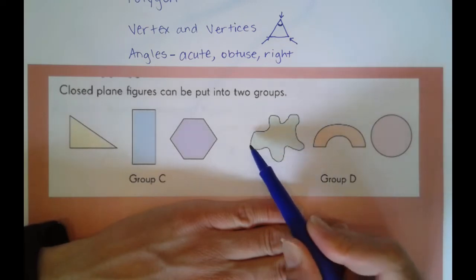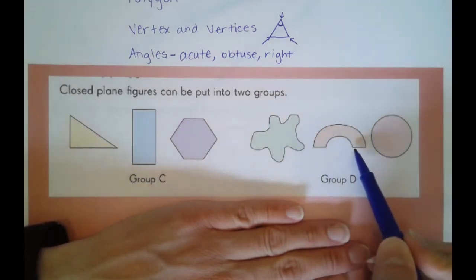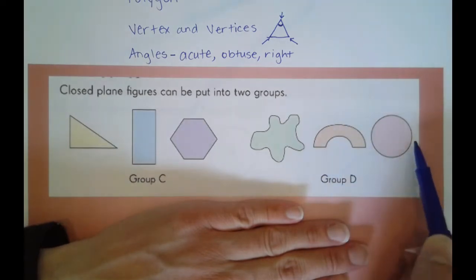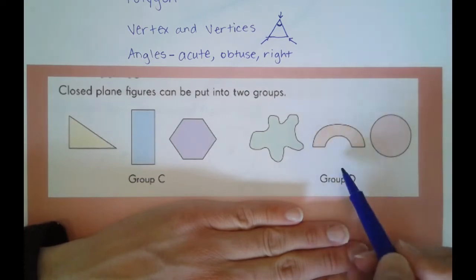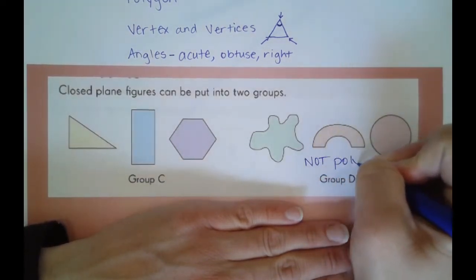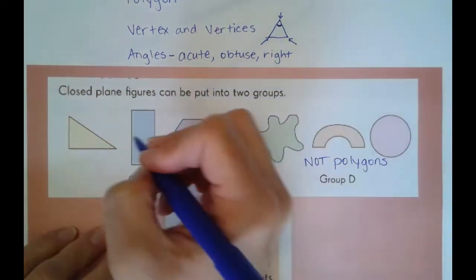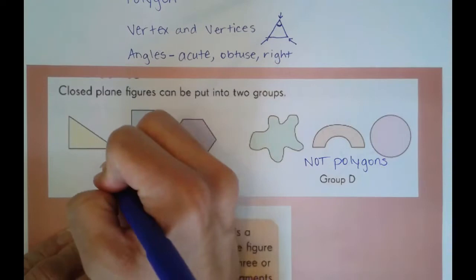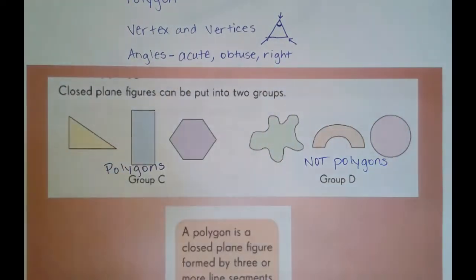There's curves. This is all curves here. This rainbow shape has two curved lines, and this circle has one long curved line. So these are not polygons, and I'm going to write here not polygons because they have some curved lines. The shapes in group C are all polygons. Okay?